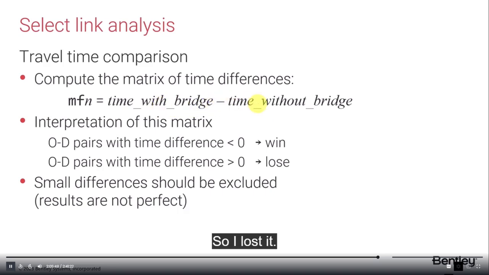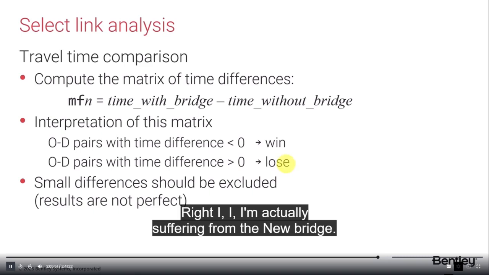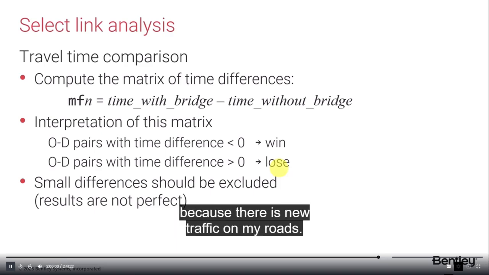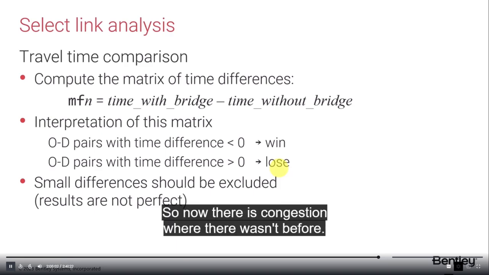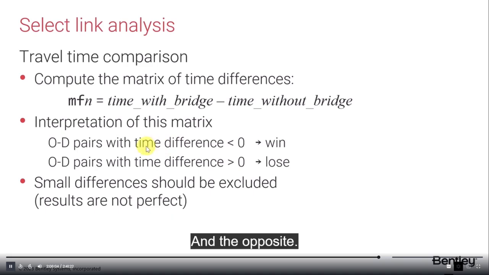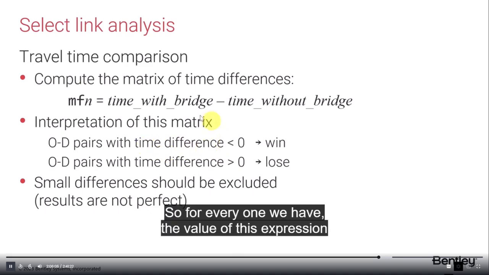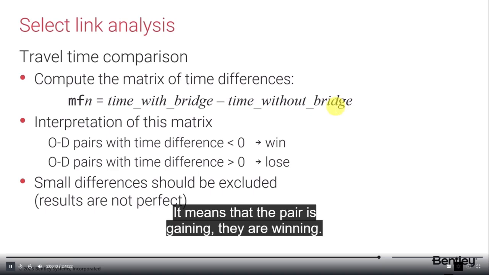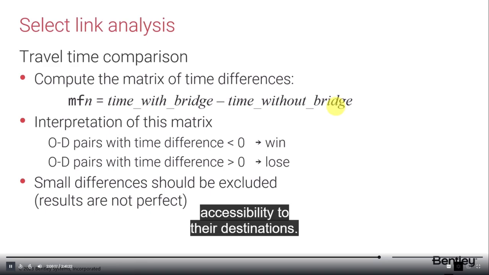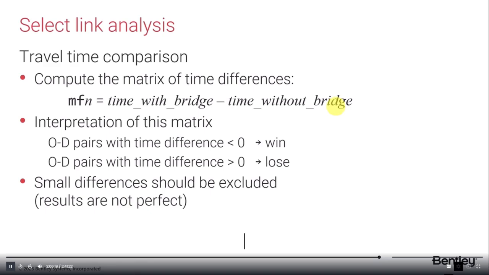So I lost it, right? I'm actually suffering from the new bridge. I'm taking more time to reach my destination, probably because there is new traffic on my road. So now there is congestion where there wasn't before. And the opposite. So for everyone where the value of this expression is below 0, it means that the OD pair is gaining. They are winning. There are shorter travel times, better accessibility to their destination.